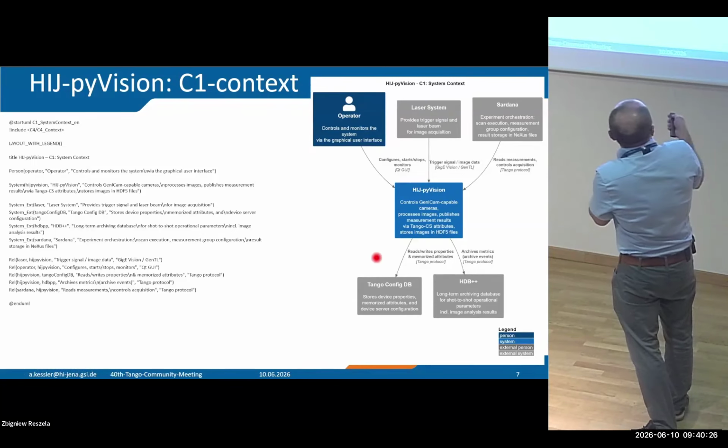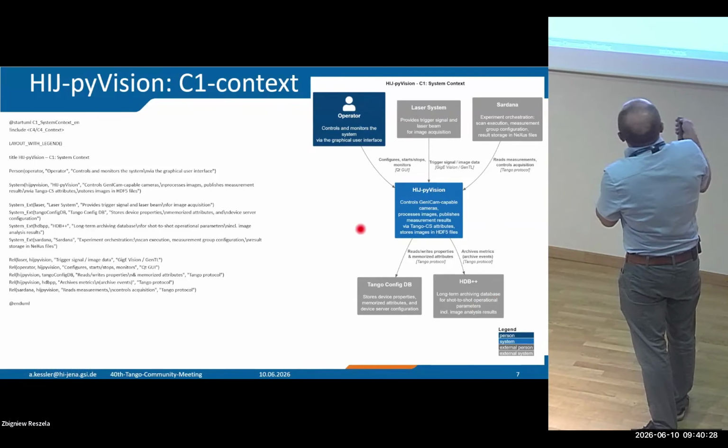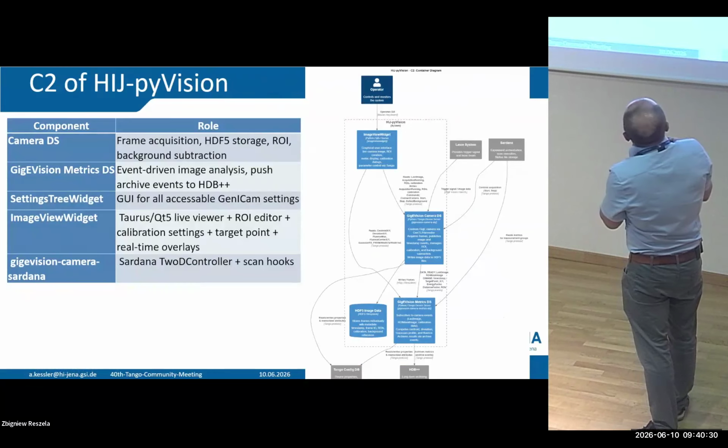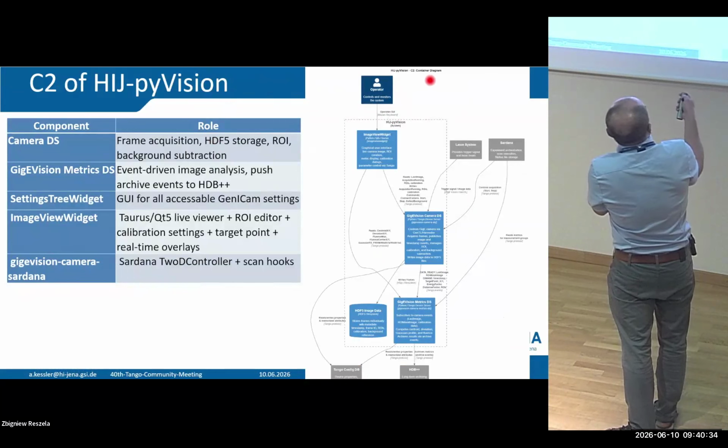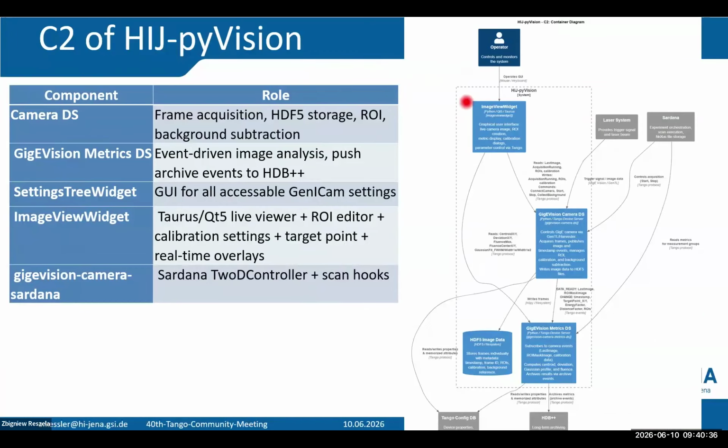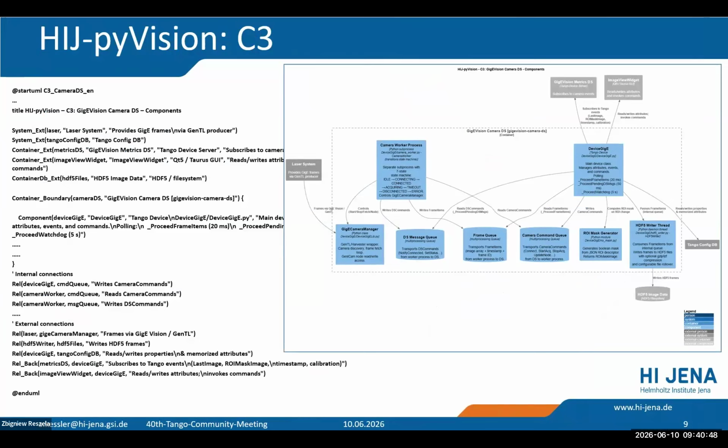Now in the second level I go to the container. This is the overview of the container diagram, and here our parts are more detailed, basically these components from my system. And how did I generate it?